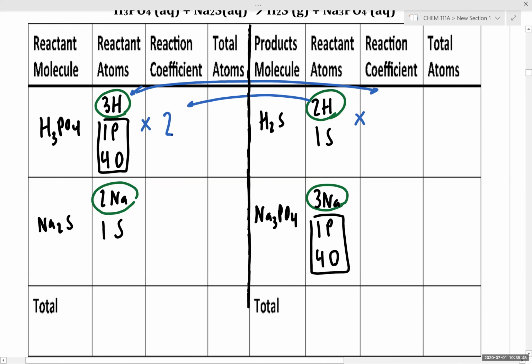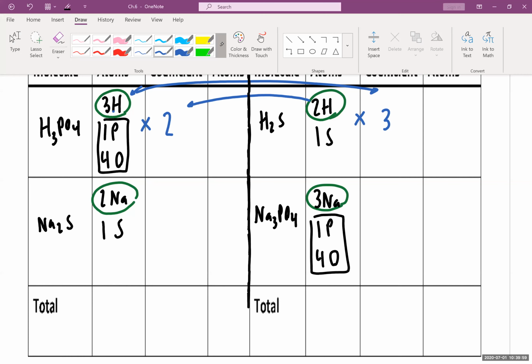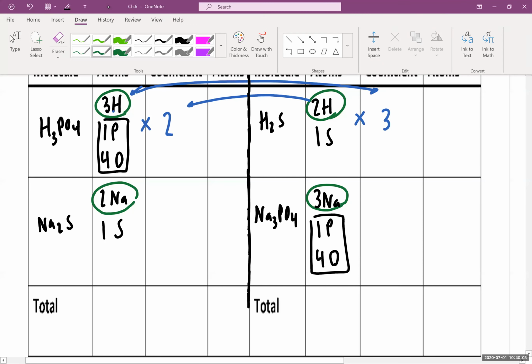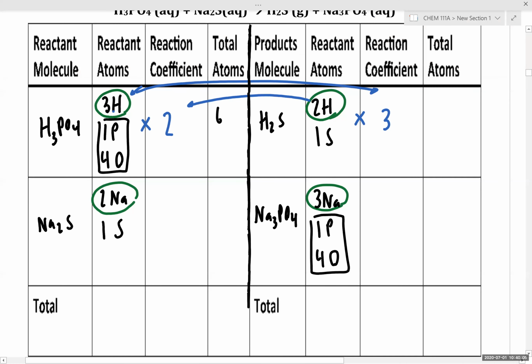So we plug in a coefficient of 2 for phosphoric acid and 3 for hydrogen sulfide. Now you may say, does this actually work? Well, in the end, we generate 6 hydrogen atoms, 2 phosphorus atoms, and 8 oxygen atoms.